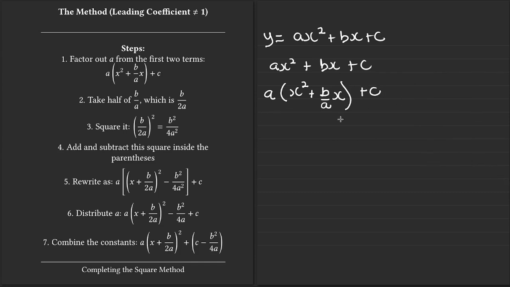If you want to test if what you've done is true, that is, revert the whole process, a times x squared gives us ax squared. And a times b over a, the a cancels out this a to give us a positive bx. And we have our plus c.